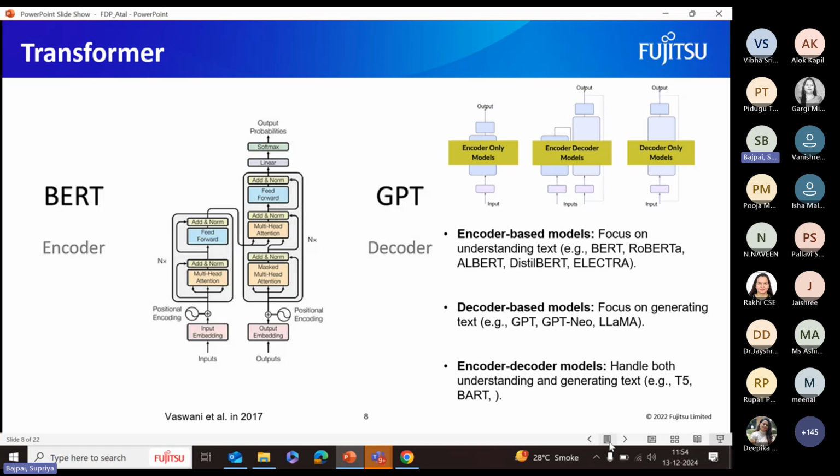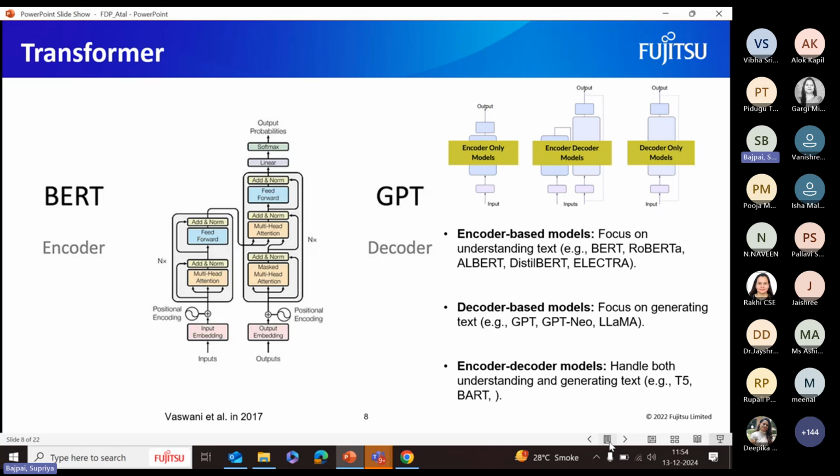For example, BERT, RoBERTa, ALBERT, DistilBERT, and ELECTRA are all encoder-only models. And models like GPT-Neo, Llama, and other large language models are decoder-only models.